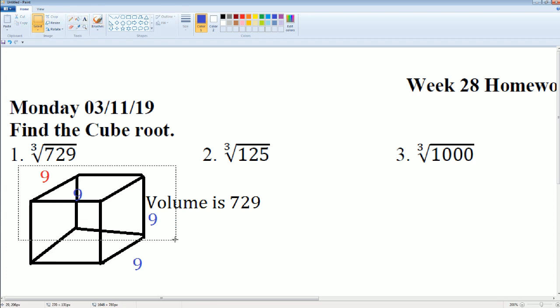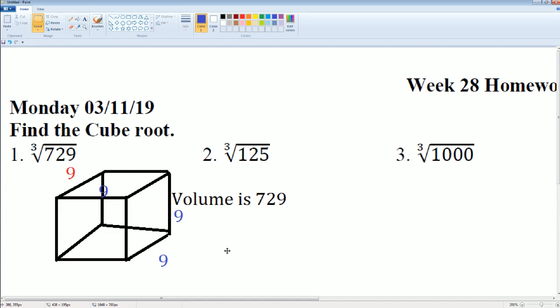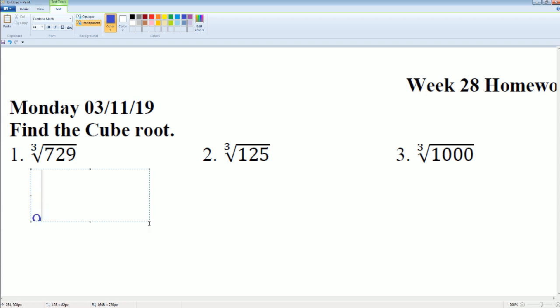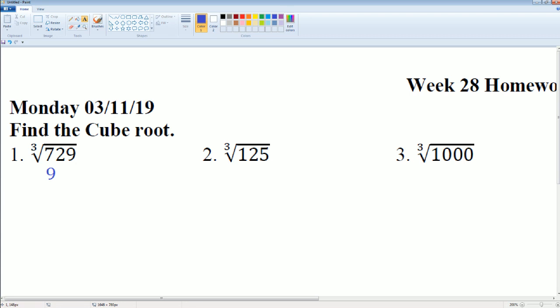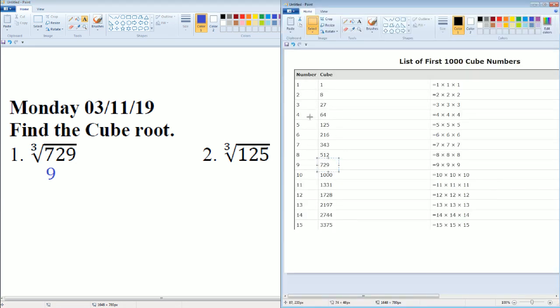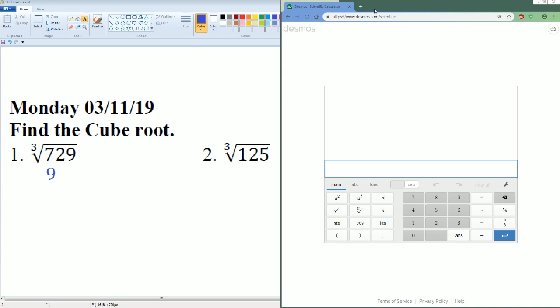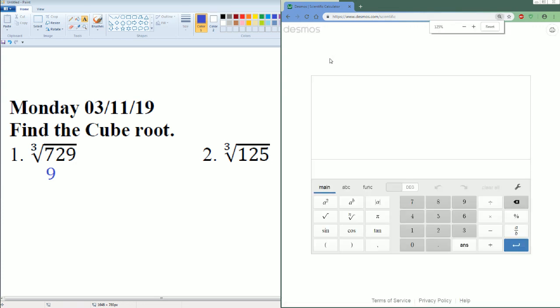Alright. So we would say that this one has a cube root of 9. This one, what about if it's 125? We can use our chart here, or we can use Desmos. This time I'm going to show you how to use Desmos, the scientific calculator right there.